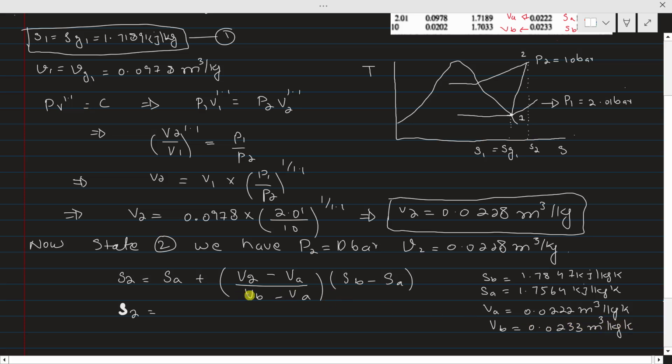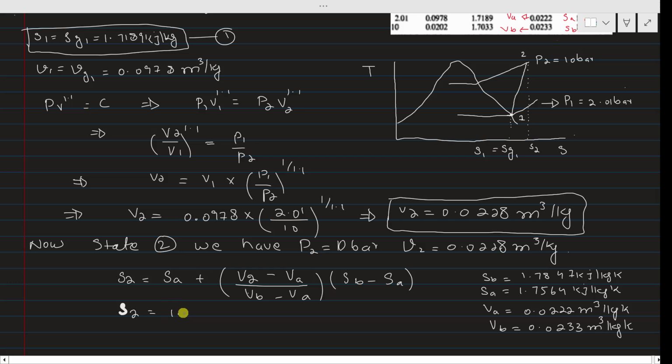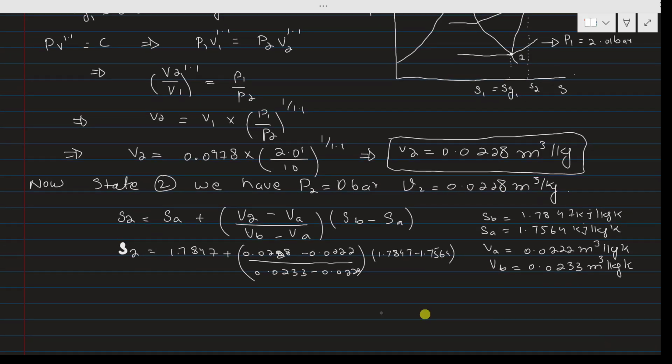All the values needed for this interpolating formula I took from the steam table, and I write them here for the sake of simplicity so that you can easily judge. Just put in these values. What is SA? After simplification you will get the S2 value, which is equal to 1.7718.